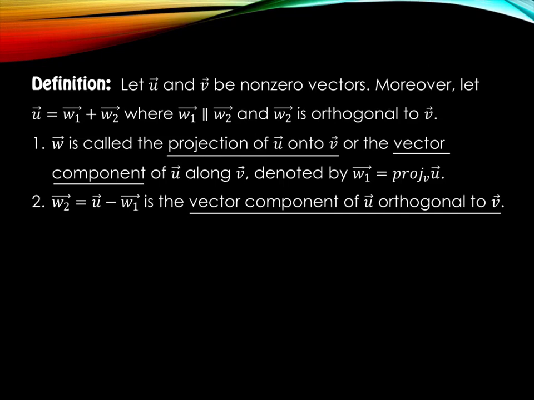U is the vector W1 plus W2, where W1 is parallel to V, and W2 is orthogonal to V. W1 is called the projection of U onto V, or the vector component of U along V. It's denoted by W1 equals the projection of U along V. That's the notation. W2 is simply U minus W1. And that is the vector component of U orthogonal to V.